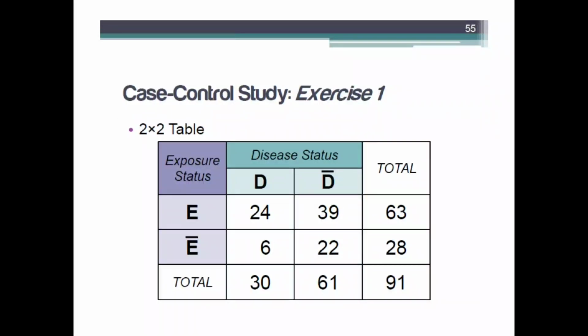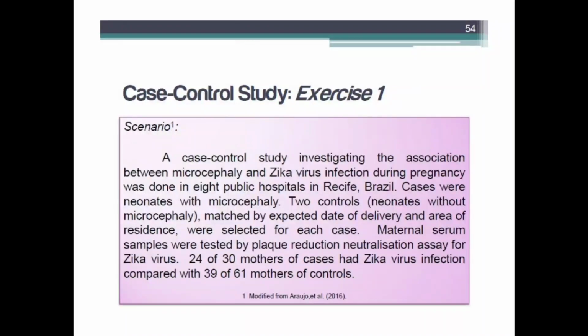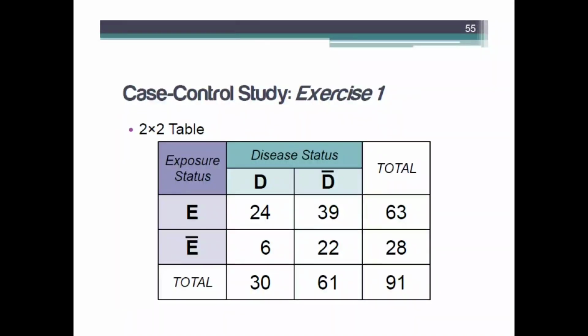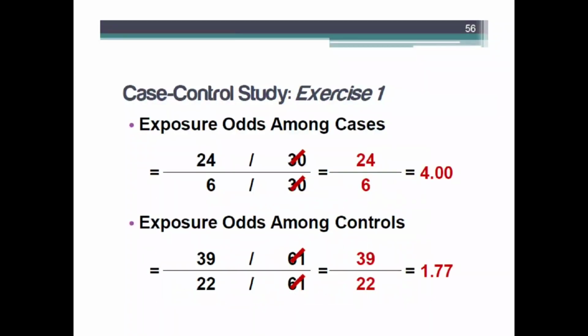So, 24, 39, 63, 6, 22, 28. So, paano siya ino-compute? Exposure odds among cases, 24 divided by 6, and then, 39 divided by 22.